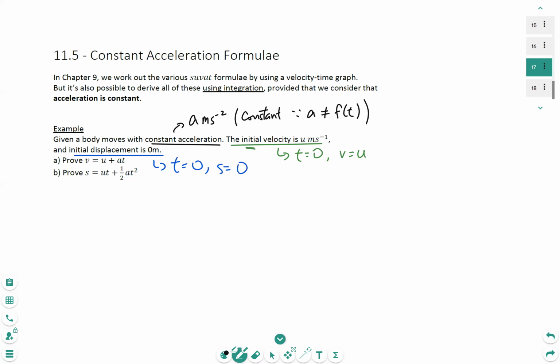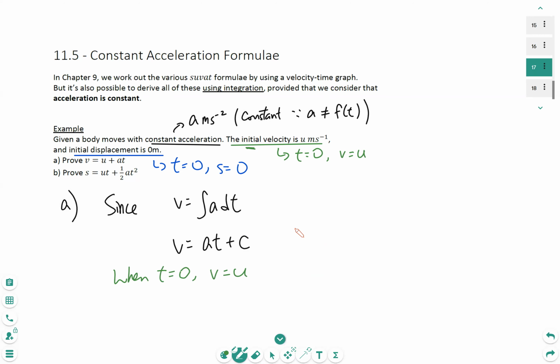Right, so part A. Prove v equals u plus at. The formula starts with v equals something. So since v equals the integral of a dt, therefore v equals at plus c. All right, and then we can use the boundary condition: when t equals 0, v equals u.